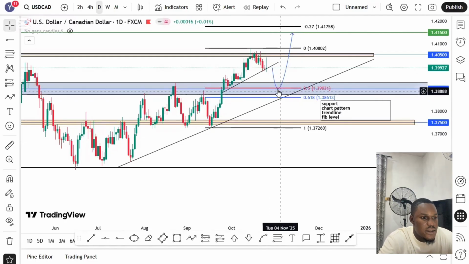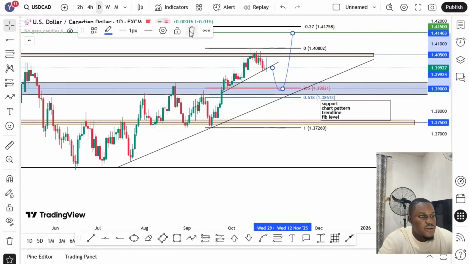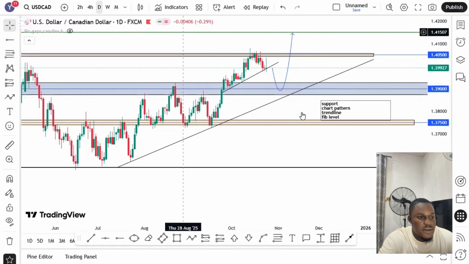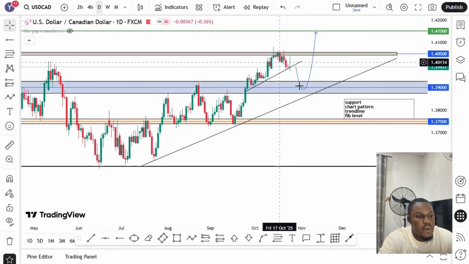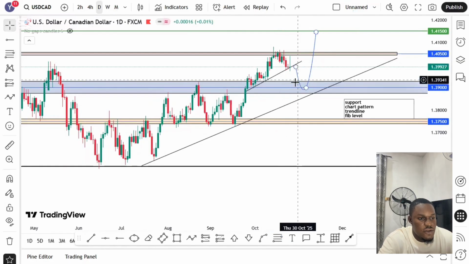So if the market comes below and taps into our major level, we have four buying confluences on USDCAD.